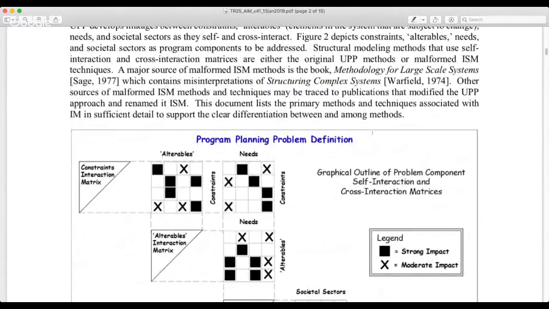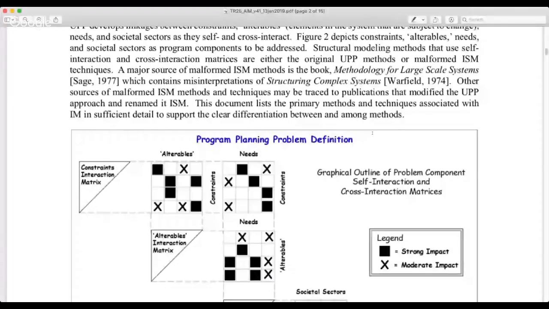As we pointed out here, the major source of malformed ISM methods is the book Methodology for Large-Scale Systems, Sage 1977, which contains misinterpretations of the Structuring Complex Systems of Warfield in 1974. So Sage was listed as one of the authors and reviewers of that book from Battelle.